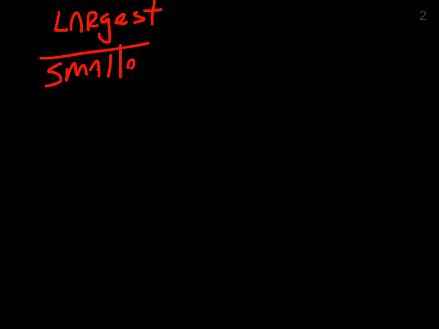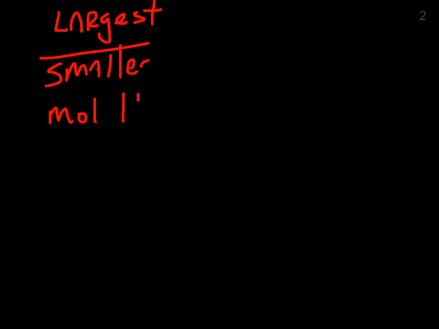So, like I said the other day, I think the best way is to make a ratio of the largest divided by the smaller. Okay? So, the largest was the moles of hydrogen.